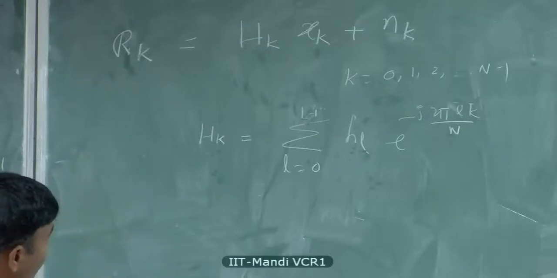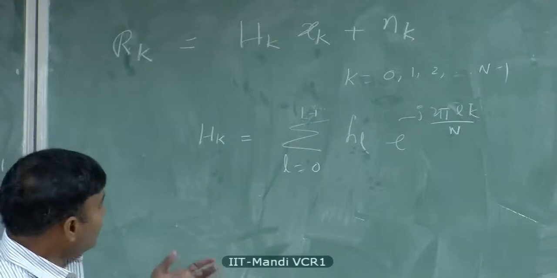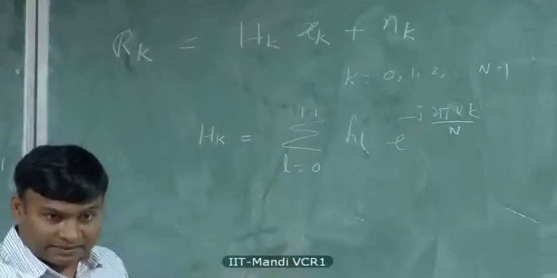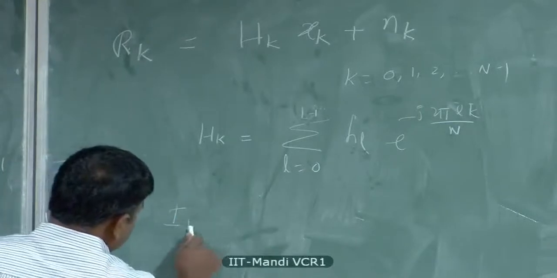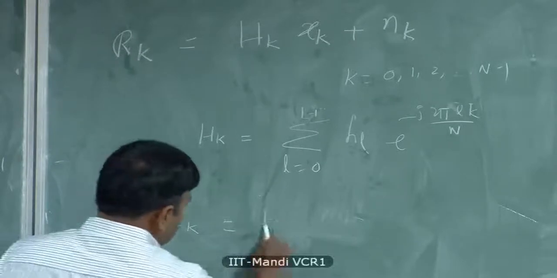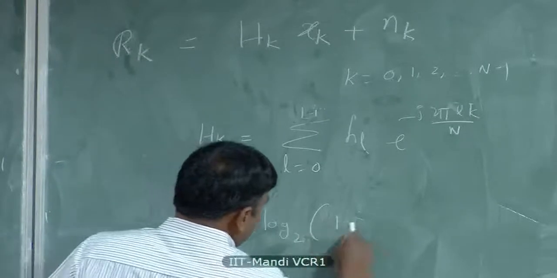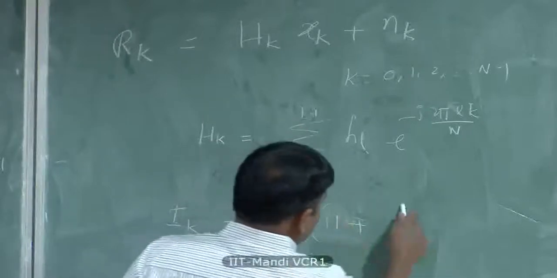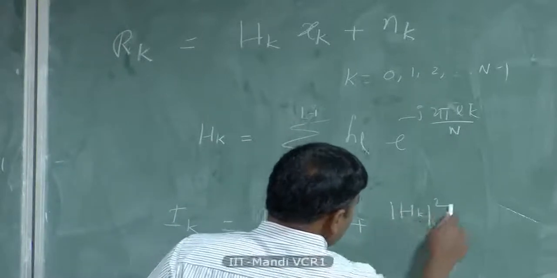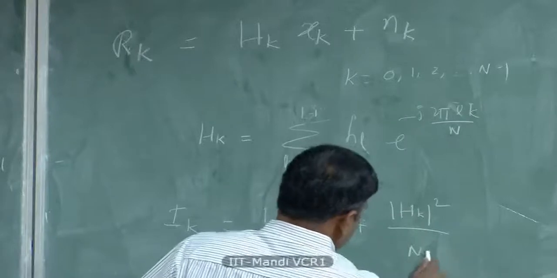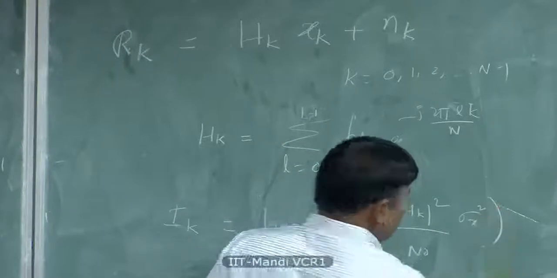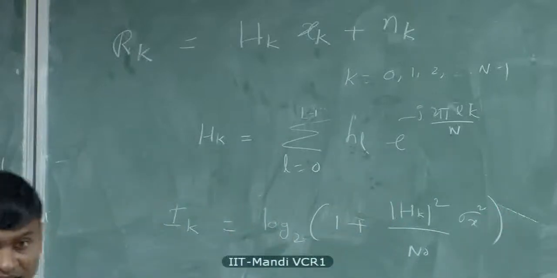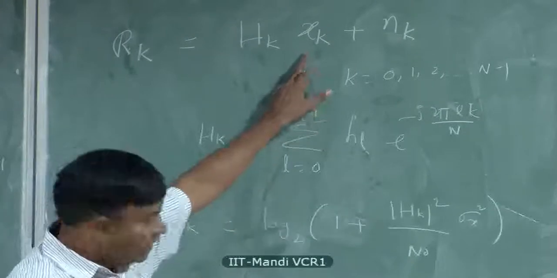One metric that we want to use is the mutual information that you can get for each subcarrier k. The mutual information for each subcarrier I_k is equal to log base 2 of 1 plus the signal to noise ratio for that subcarrier, which is |H_k|^2 times sigma_x^2 divided by N_0, where sigma_x^2 is the variance of the symbol X_k.